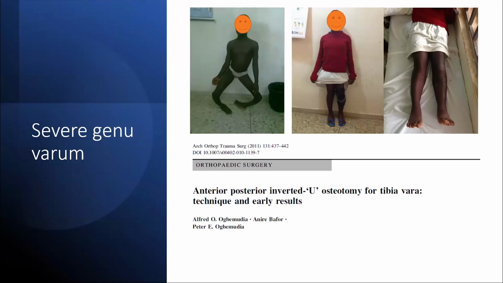The approach would be, again, open surgery, and we use 2 incisions, one on the medial side and one on the lateral side, create an anterior posterior dome osteotomy, and incorporate a lateral closing wedge. And you'll be surprised at just how much you can get. So here we have the patient both weight bearing and supine post-operatively.